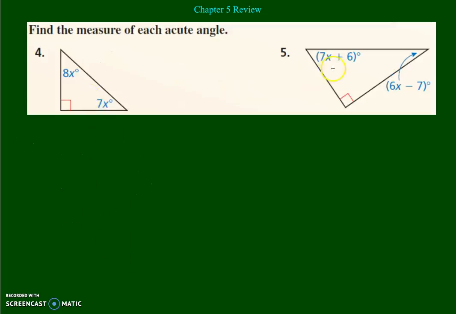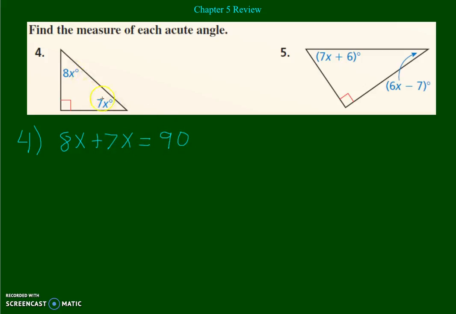In problem 4 and 5, we're looking for the measures of the acute angles in right triangles. This is the corollary to the triangle sum theorem, which states that the acute angles of a right triangle are complementary. So for problem 4, we will have 8x plus 7x equals 90.